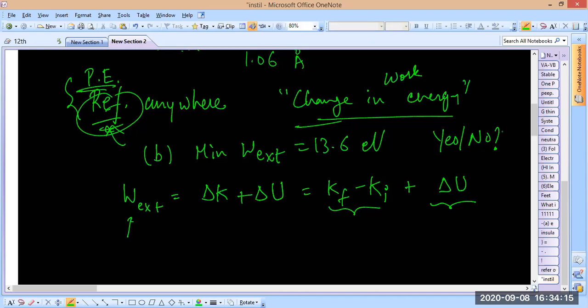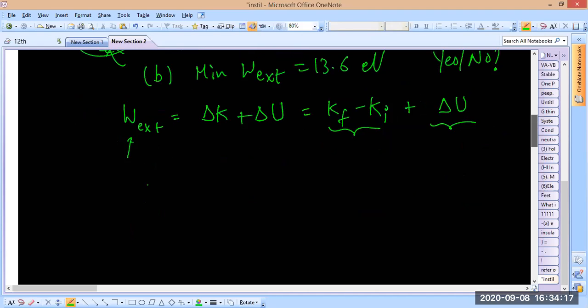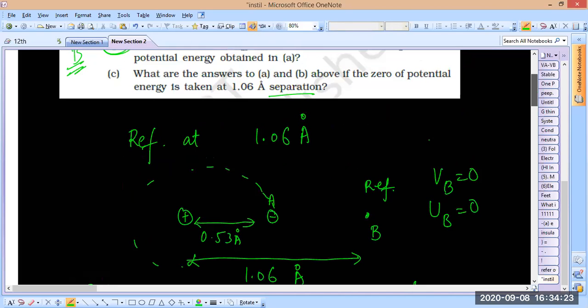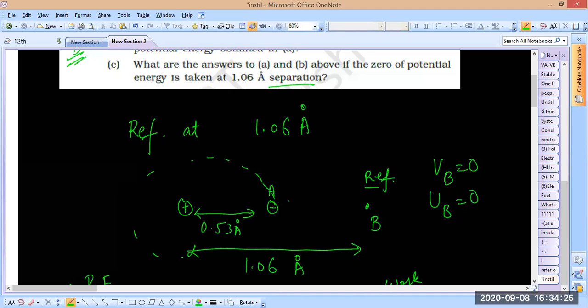All right. So now let's go to the A part, which is actually crucial. For the A part, we'll have to look at this diagram. This is the reference point, and this is the position where the electron is. So we want to find the system's potential energy. There are two ways to do it.